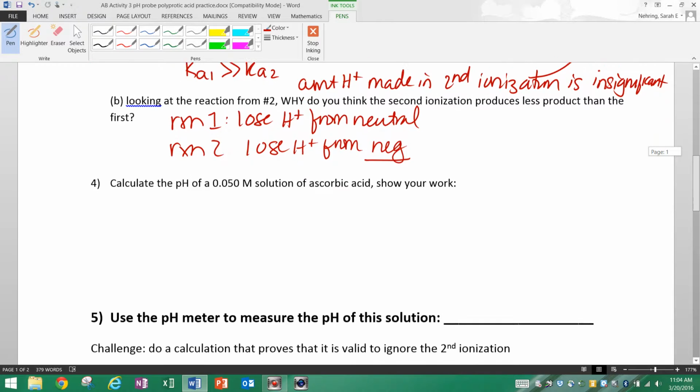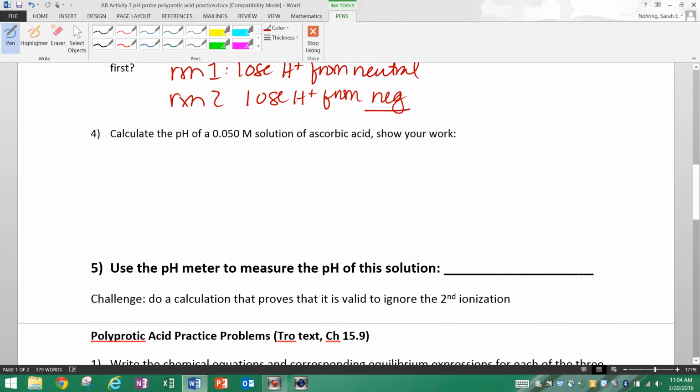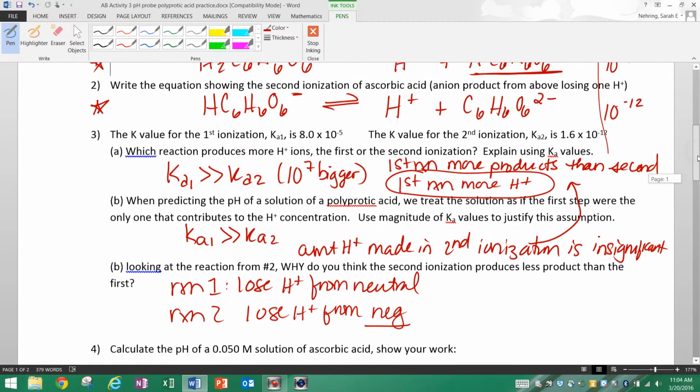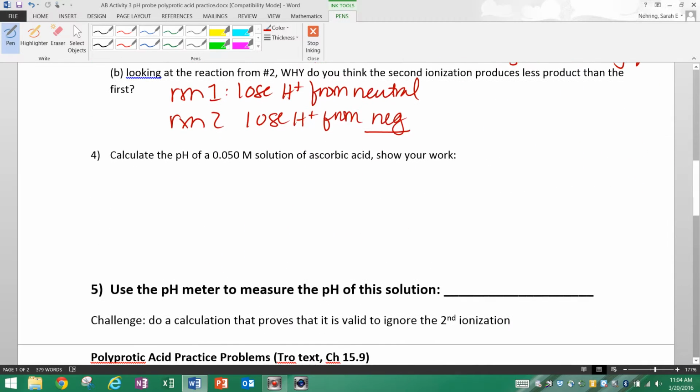Okay. So calculate the pH of a 0.050 solution of ascorbic acid, showing your work. Since the Ka2 value is so much smaller than the Ka1 value, we just treat it as if it were a monoprotic acid. I don't want to scroll up and look at the chemical formula, so I'm going to be lazy and write it this way.